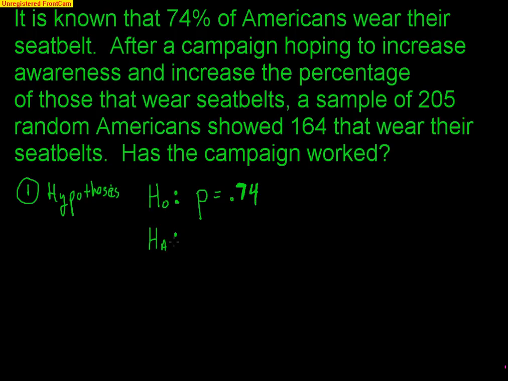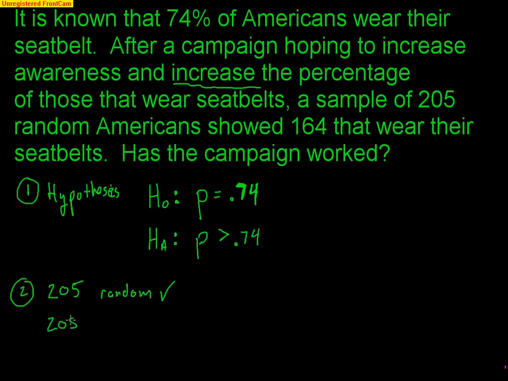And the alternative hypothesis would be that the true proportion is, we have to read the problem here, definitely use the word increase here. So we definitely were looking to increase the percentage of those that wear their seatbelt. So we want to see if the true proportion is actually higher than 0.74. I'm not going to write all the conditions out, but we'll run through them real quick. The 205 needs to be a random sample, and it did say that, so we could check that off.